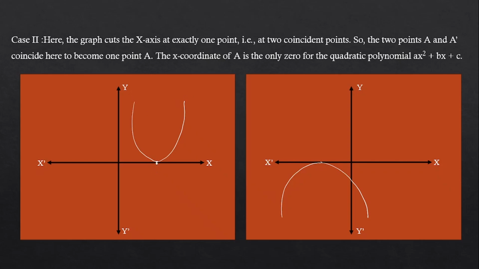The A and A dash from the previous case are coinciding at a point A. So when the graph touches the x-axis at exactly one point, we get only 1 zero for the quadratic polynomial. Again, assuming that the coordinate where the graph is touching the x-axis is (minus 2, 0), the only zero for this quadratic polynomial will be minus 2.